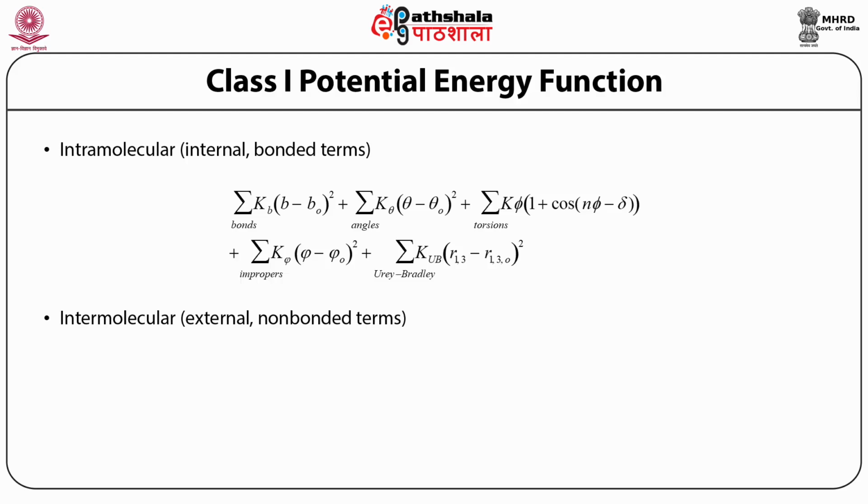These are sometimes called external interactions, or non-bonded terms. In the bottom, you can see the qi qj over 4 pi epsilon r function, that is Coulombic, and the second function comes from the Lennard-Jones potential. Once we get these two together, we get our total potential energy parameters and functions, which is shown in the next slide.